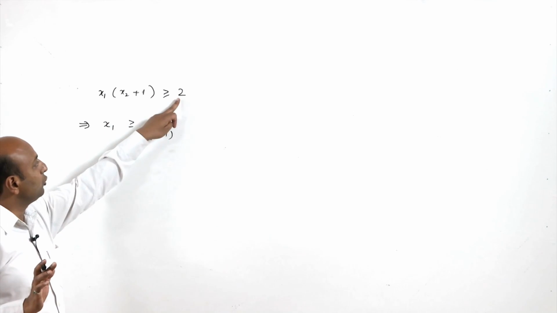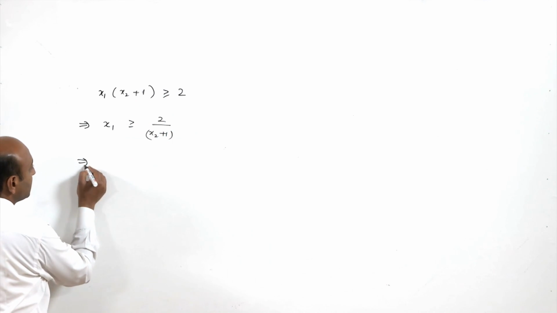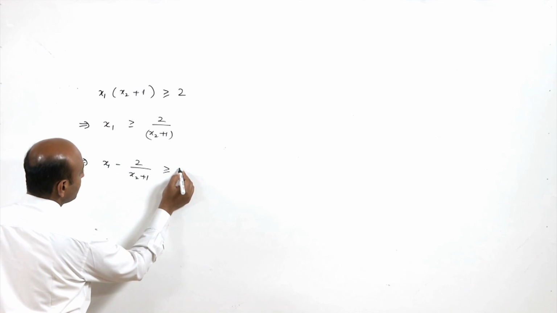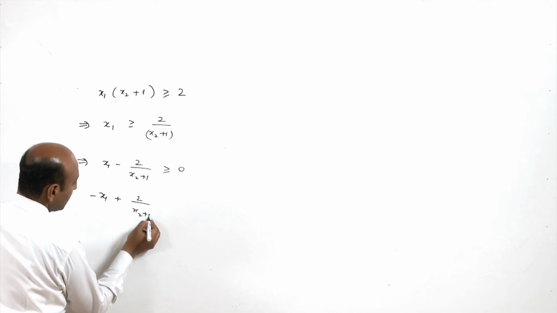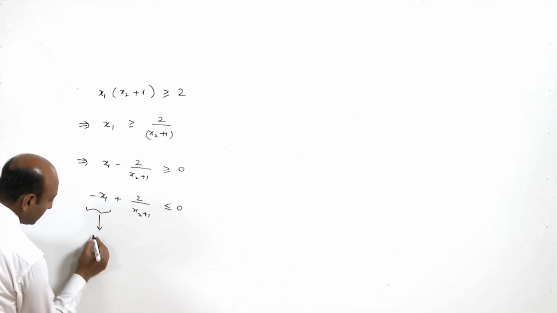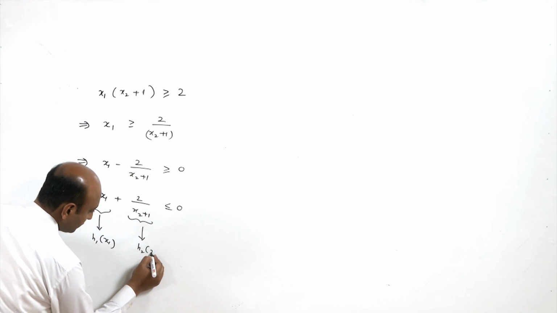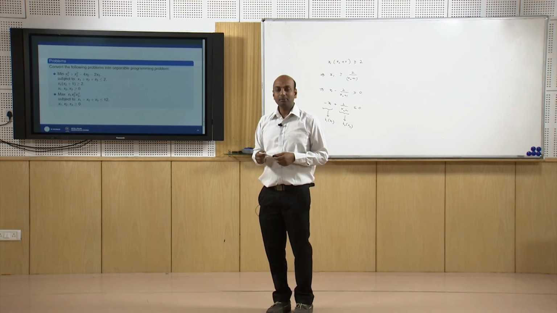So, we can take it in the denominator and it will not change the sign. So, this implies x1 minus 2 upon x2 plus 1 is greater than or equal to 0, or x1 plus 2 upon x2 plus 1 is less than or equal to 0. So, now it becomes separable. Now, it is something h1 x1 and s2 x2. Now, it is separable, which is otherwise not appearing as a separable programming problem.